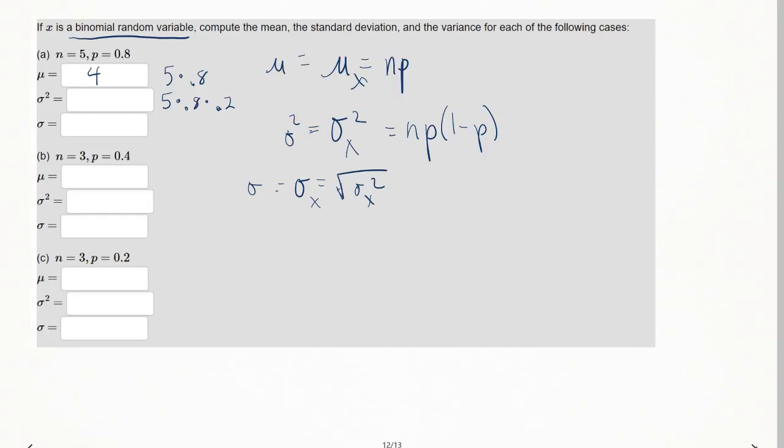So just multiply that by 0.2, and notice you get 0.8 in this part. Now to take sigma, what do we do? Well, we take the square root of the variance. And this one I will need a calculator for. And so that becomes 0.8944.